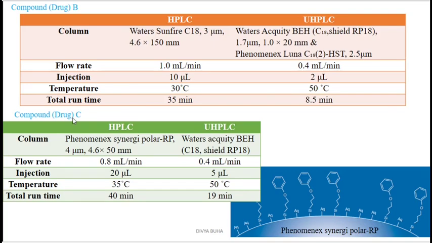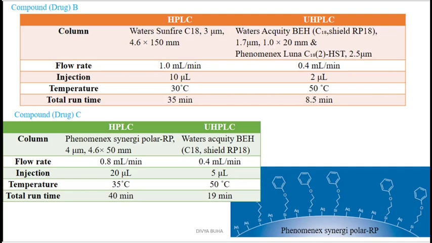Now comes compound C, where the Phenomenex Synergy Polar RP columns are being used. Again Phenomenex is a company, Synergy is a series or range of the columns provided by Phenomenex. Polar RP means RP over here refers to reverse phase, and polar represents that this column is able to separate polar compounds.